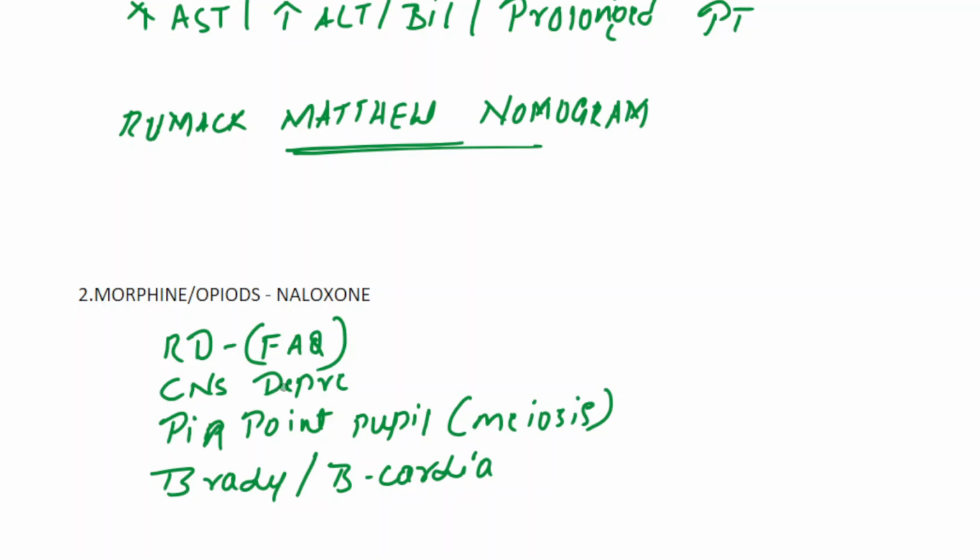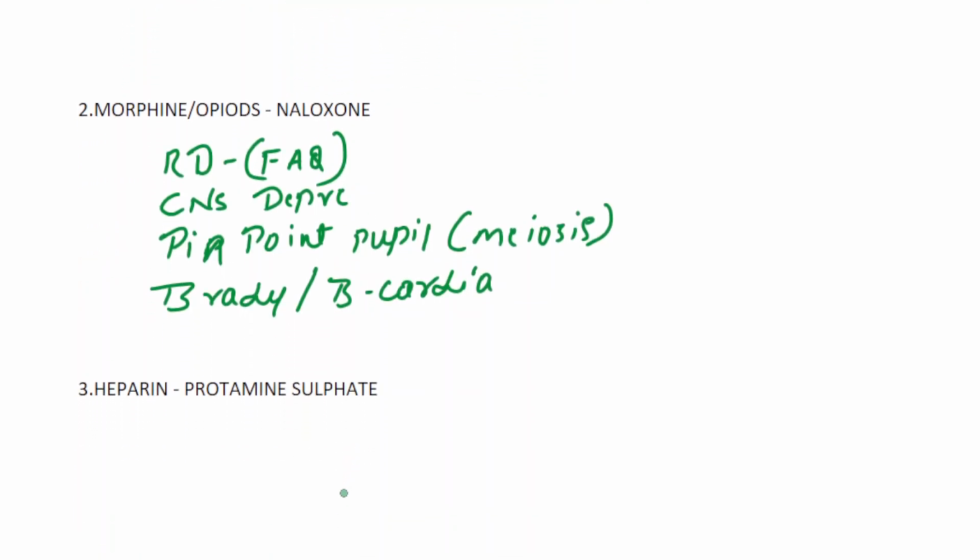These symptoms occur due to overdose of morphine in morphine poisoning. Respiratory depression is a frequently asked question, and CNS depression will occur. Pinpoint pupil is also known as miosis, and bradypnea and bradycardia will occur in overdose of morphine.